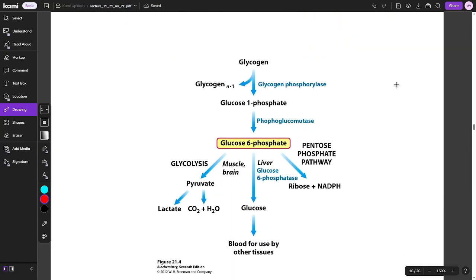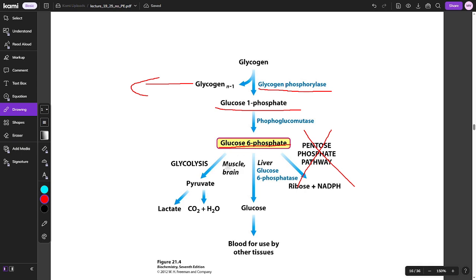Now, if we look at glycogen, we've got the different kinds of methods that this works. So starting from glycogen, we use glycogen phosphorylase to generate a glucose 1-phosphate, right? And the rest of the glycogen kind of just goes over there somewhere. We use a phosphoglucomutase to turn it into glucose 6-phosphate, right? And this can either go to the pentose phosphate pathway to make ribose and NADPH, which we will not talk about right now.